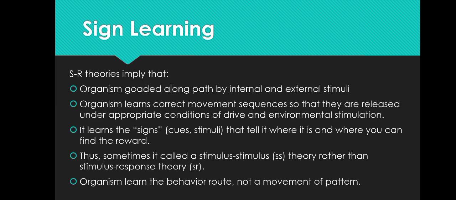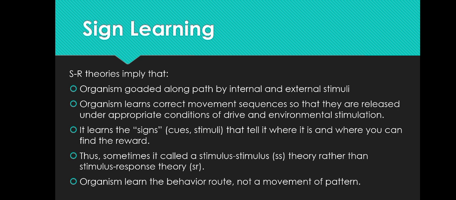Organisms learn correct movement sequences so that they are released under appropriate conditions of drive and environmental stimulation. So, individuals have a capacity to learn sequences, not just consequences, when they are released under appropriate conditions.